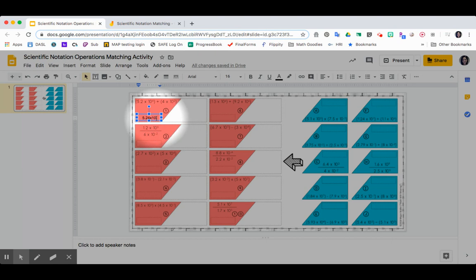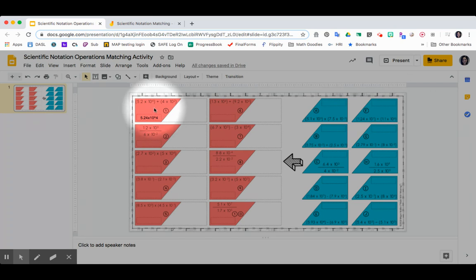So to make your exponent for this, since we're in Google Slides, I'm going to tell you to use Shift-6, and it's going to give you this little arrow that tells you that the next thing you type is supposed to be in the power or the exponent position. So I'm going to write it like that. So 5.24 times 10 to the power of 4. Okay, so that's my final answer.